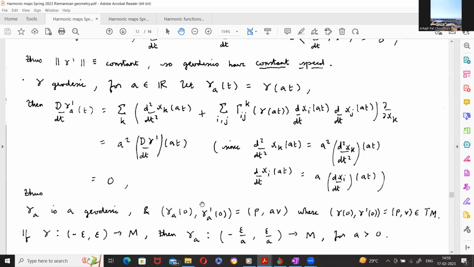And similarly, d dt of xi of at is going to be a times dxi dt at the point at. So from the first term, I'll have an a squared coming out. In the second term, I'll have one a from here and another a from here, so I'll also get an a squared coming out. So once I take the a squareds out, what will remain inside is just the covariant derivative of gamma prime evaluated at the point at, right? Is that clear?